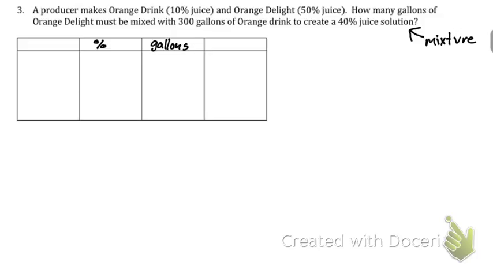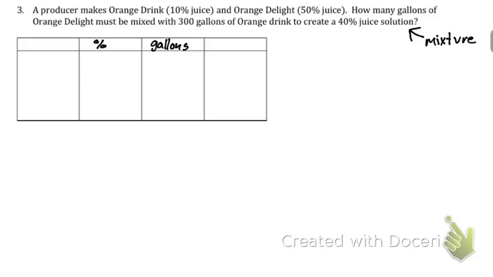Now I want one more column. If I have a percent column and I have a gallons column, you better bet at some point you're going to multiply these together to get your last column, because these do have to be equations. So this is the percent of juice. If this was 10%, this is how many gallons you have.